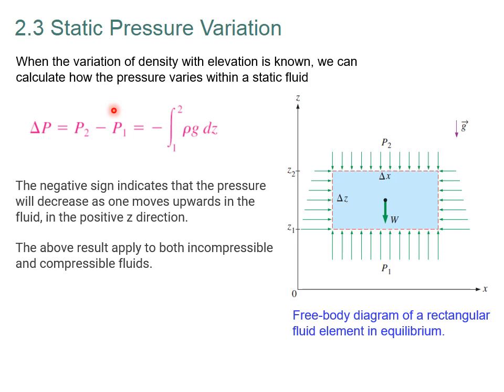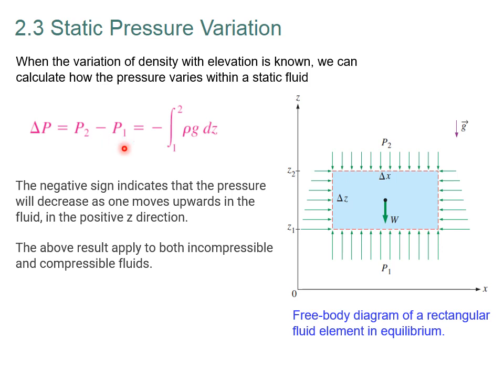When the variation of density with elevation is known, we can calculate how the pressure varies within a static fluid. So here we have a case where we have a fluid and we have two depths within the fluid. So we have Z1 and Z2. So Z2 is at the higher elevation and Z1 is at the lower elevation. So there's going to be a pressure difference.